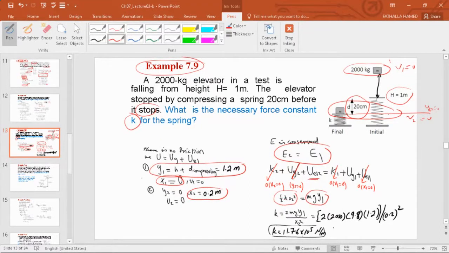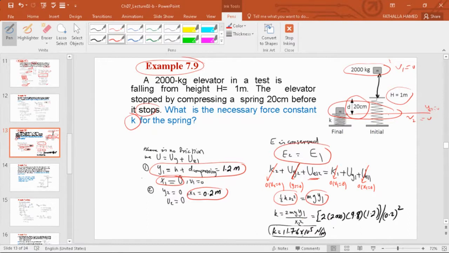So you can multiply this by 2 to get rid of the half, and divide by x squared. So k will equal 2mgy1 over x2 squared.